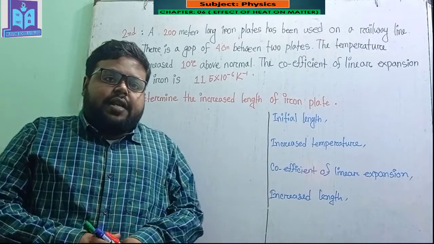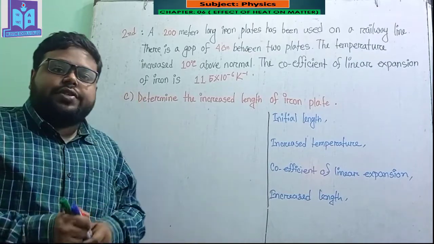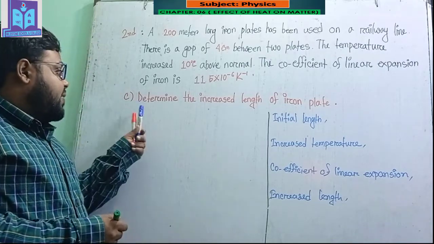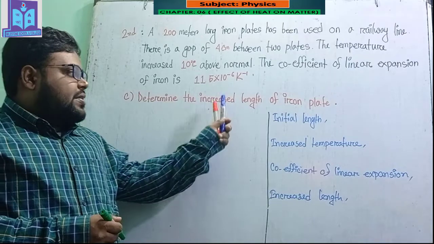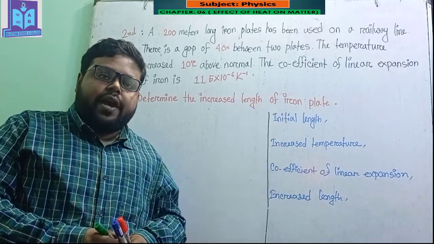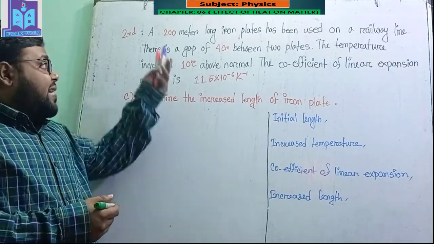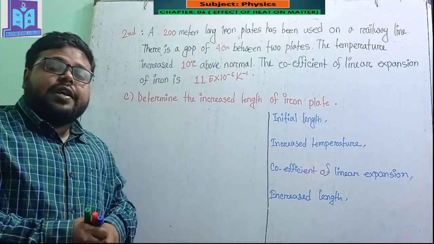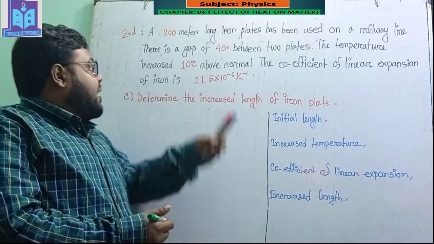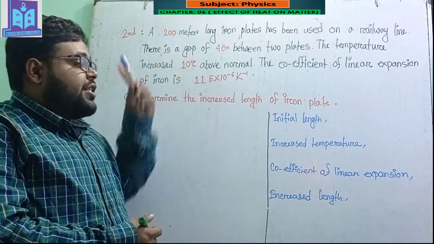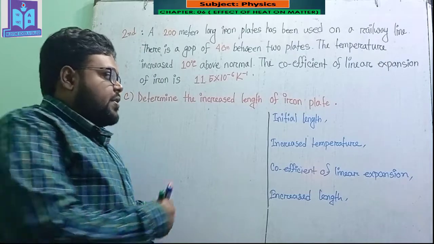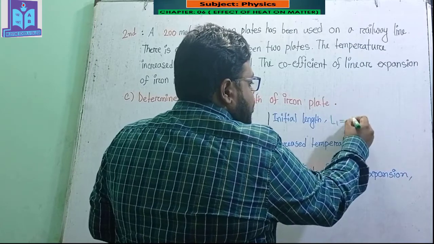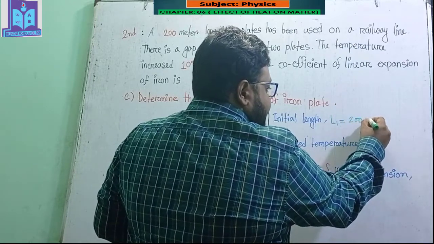Dear student, now I will solve number C question. The question is: determine the increased length of the iron plate. At first I have to write all of these given values. The initial length of the iron plate is L1 equals 200 meter.